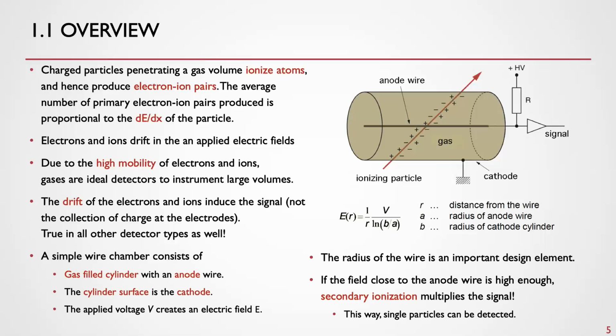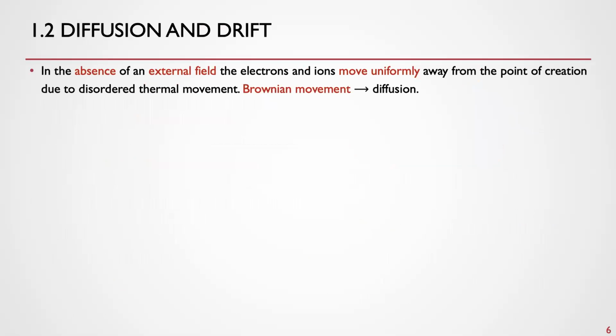In this way, we can actually go down to single particle detection with ionization coming from incident ionization signals from detectors in the millimeter and centimeter regime. So we can detect single particles.